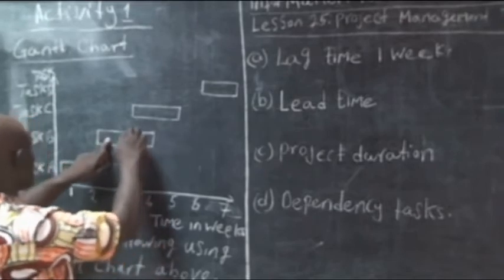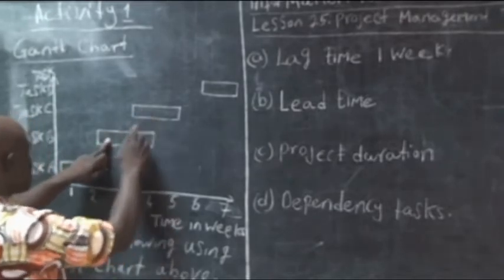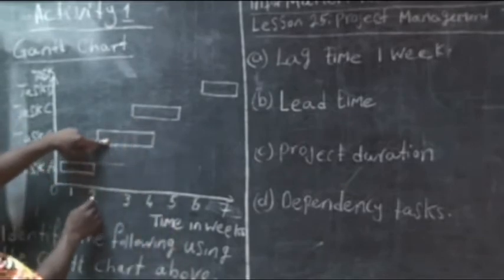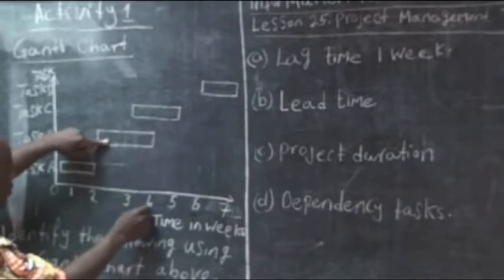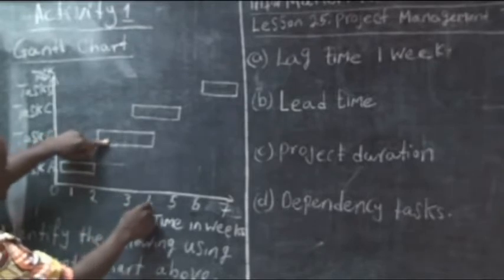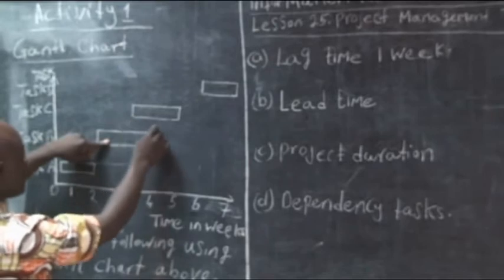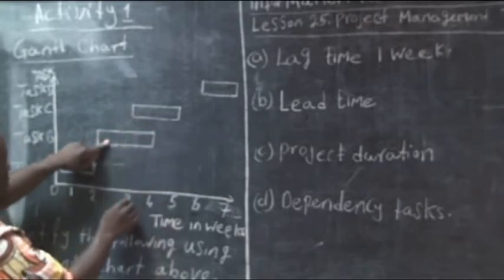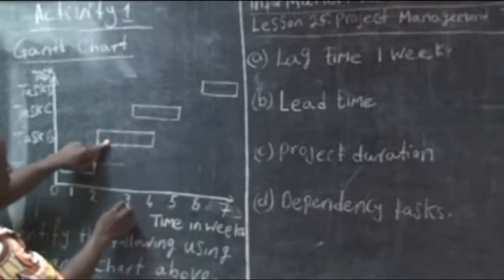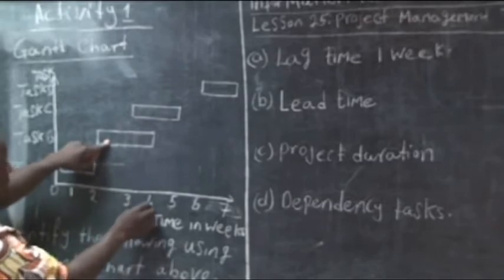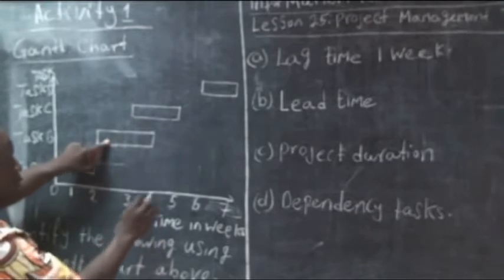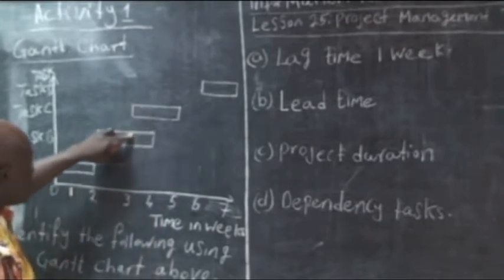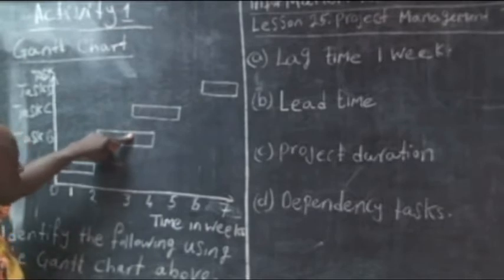Activity B and C, from there we see that activity B has 2 weeks to be completed. But when we look at it, before completion, activity C has commenced while 1 week was still left for activity B to complete. And so from our definition, we see that between this and this there is a lead time.